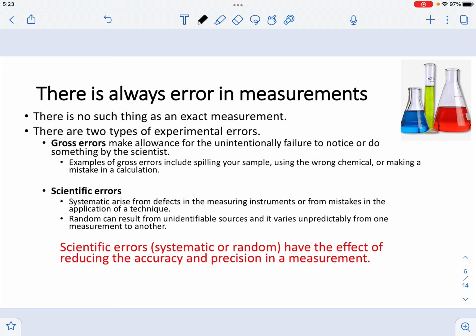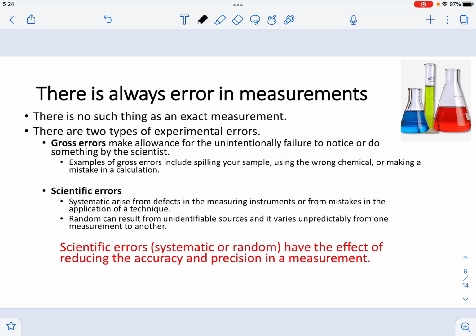On the other hand, we also have scientific errors. And when it comes to scientific errors, they actually have two types. They can either be systematic or random. Systematic errors arise from defects in the measuring instruments or from mistakes in the application of a technique.